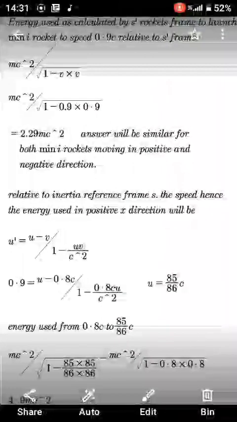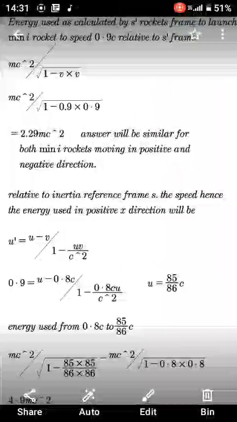So when I did the math, I found 2.29 mc squared will be the energy used to attain a speed of 0.9c relative to the main rocket inertial reference frame. So the energy used in both the positive x direction and negative x direction will be similar.